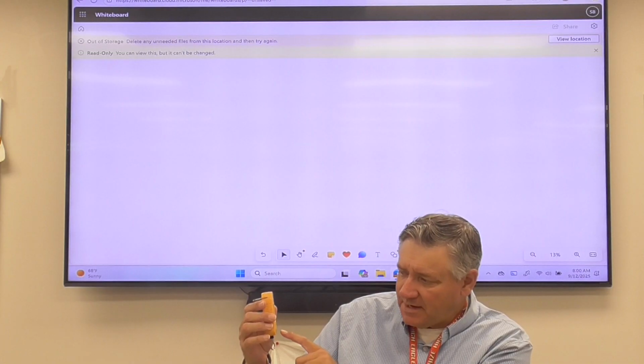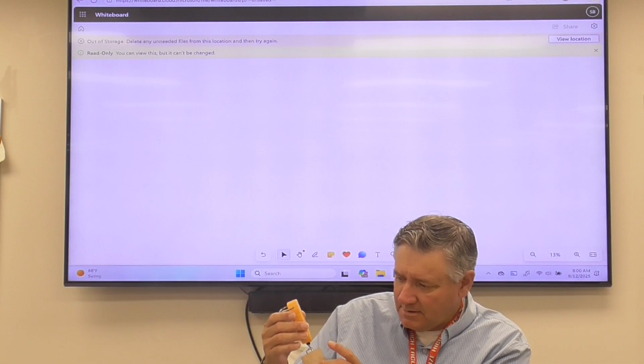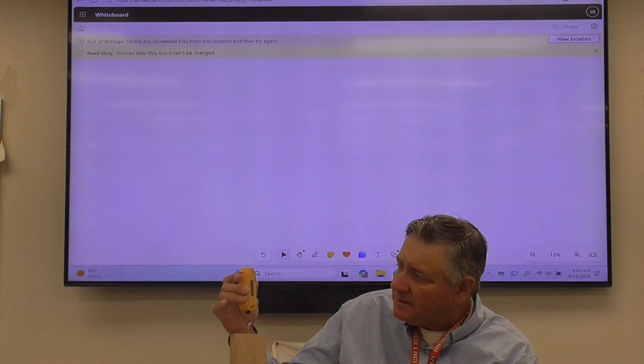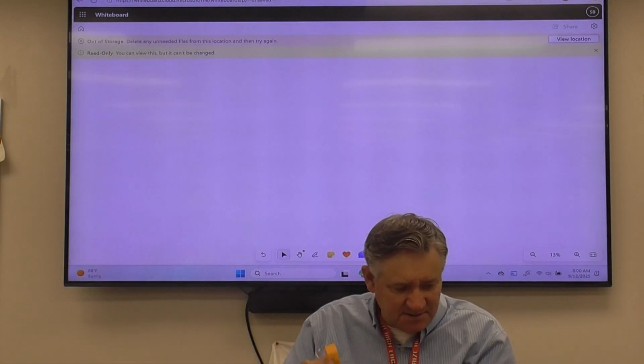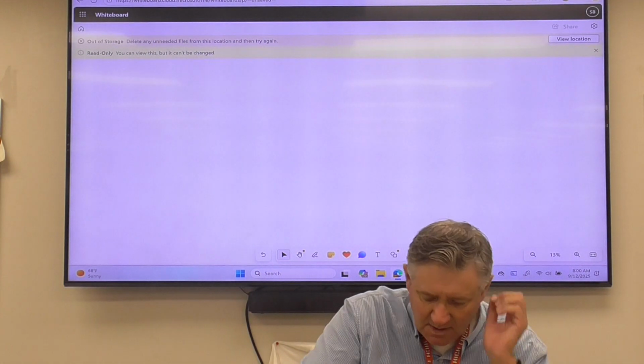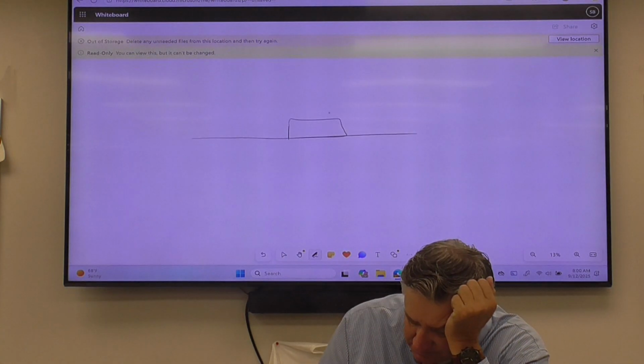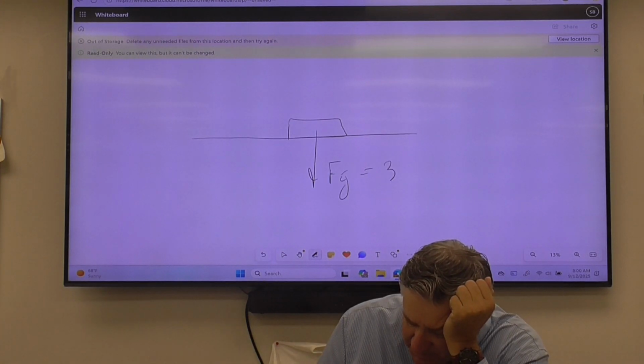Now, I'm going to be lifting that up, re-zero it. Lift this up, I get 3.90 newtons. So when this block sits here, the gravitational force is 3.90 newtons.